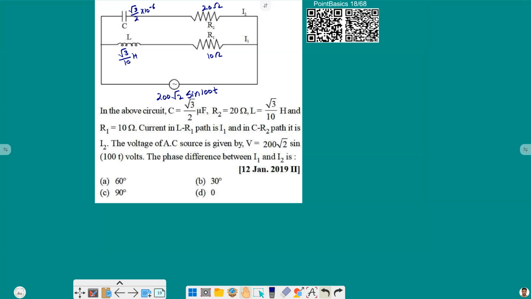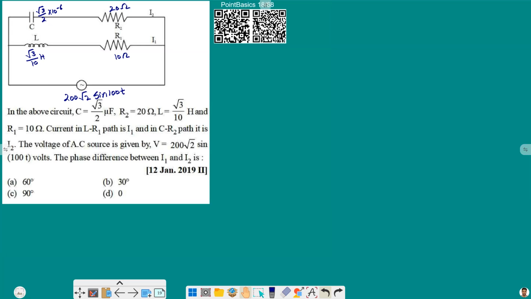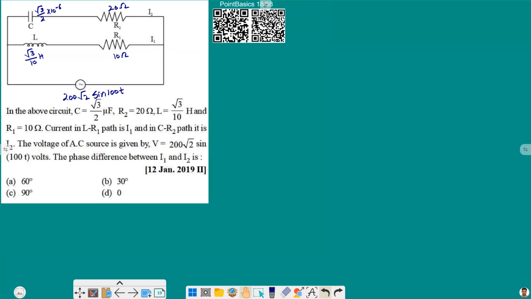To calculate the phase difference, we can take both of these parts, I1 and I2, as individual or separate circuits, and across both of these circuits we have applied the same voltage. So we will first calculate for I1 and then we will calculate for I2.